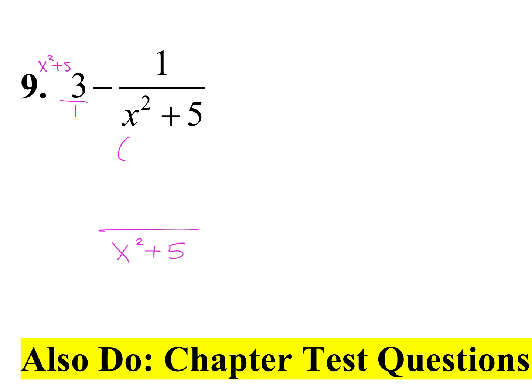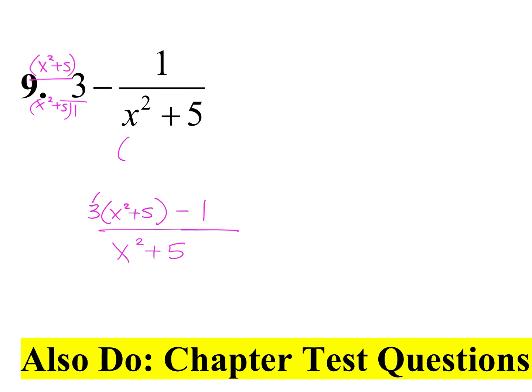X squared plus 5 over x squared plus 5, okay? So when we simplify that then, I'm just going to write it like this first, so you see what I'm doing. I'm just subtracting those. I already have my denominator on the right, so you don't need to multiply the right side by anything.